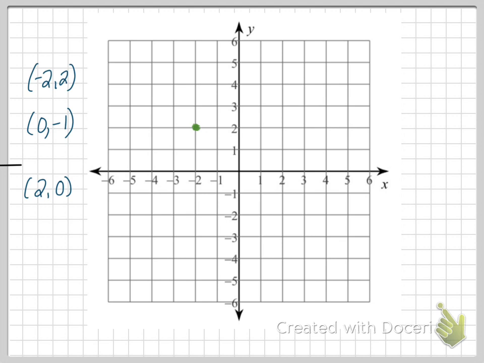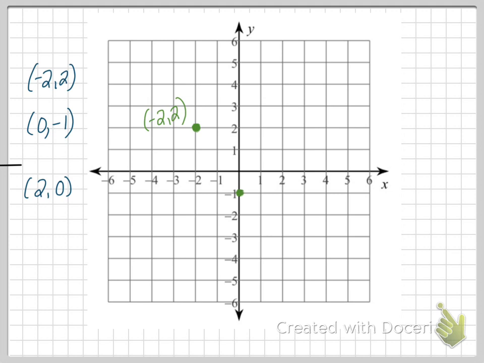That's up here. So first we go to the left 2 and then up 2, and then label -2, 2. My next point is not at the origin. It's at 0, -1. So that means I'm not going to move left or right because it's 0. I'm only going to move down 1.